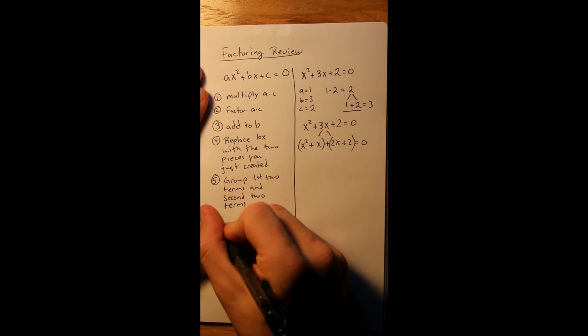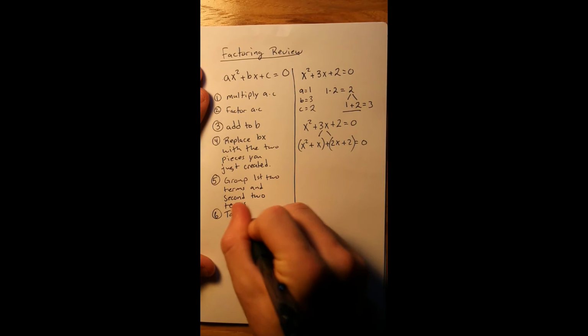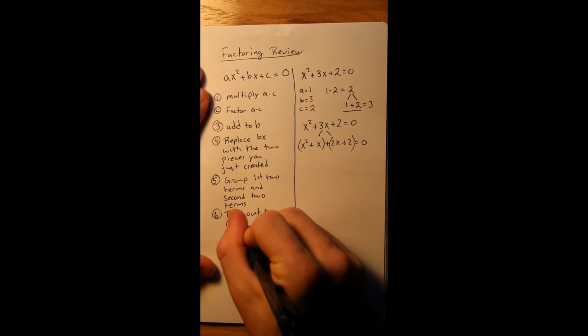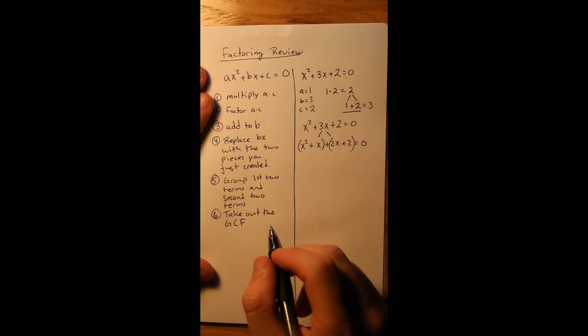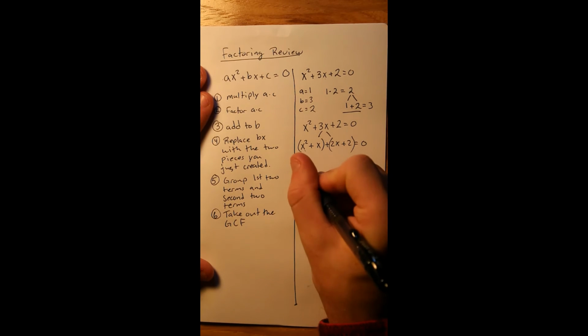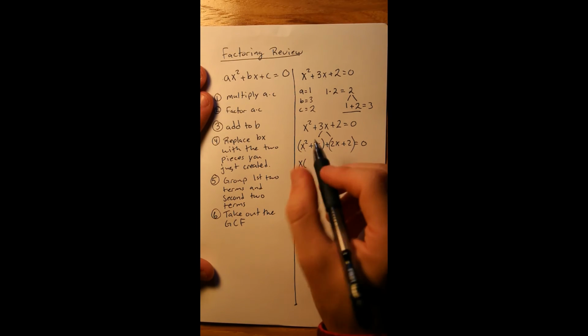Now in my 6th step, take out the GCF, and that's the greatest common factor. So what do these two things have in common? They have an x in common. So I'm going to factor out an x. And so x squared, factoring is kind of like dividing.